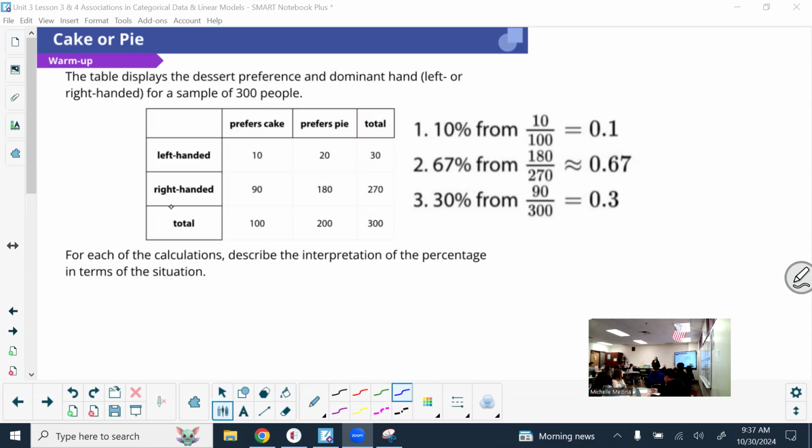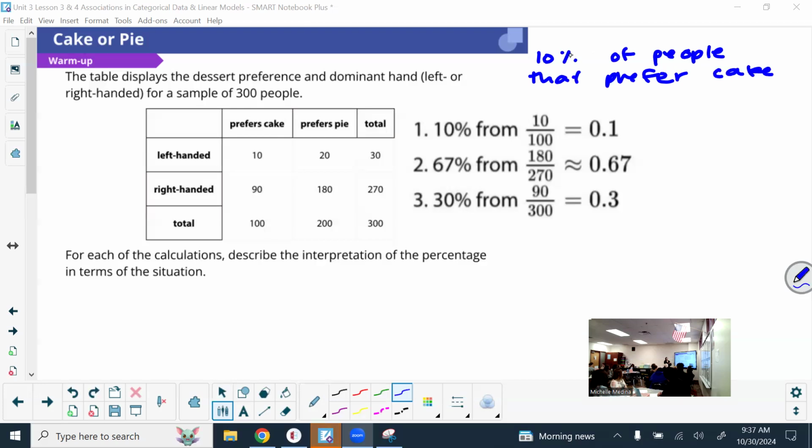So table 4. What does that 10% mean? 10% of what? So 10% of people that prefer cake and are left-handed. I would actually change that just a little bit.